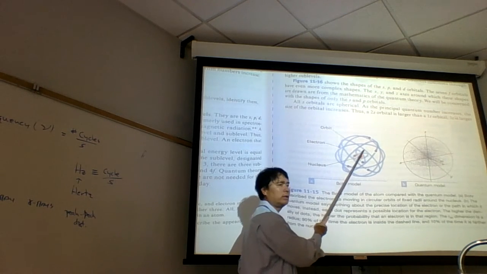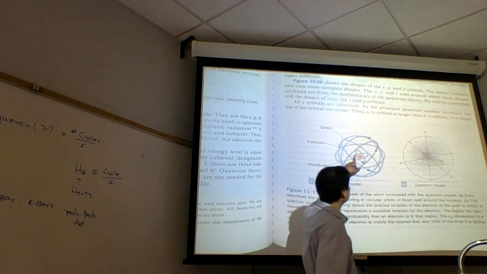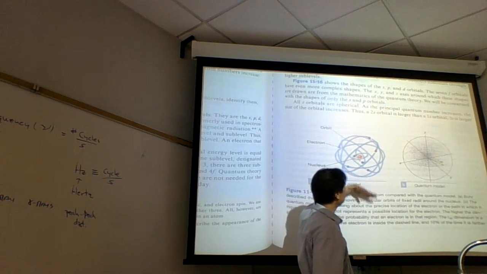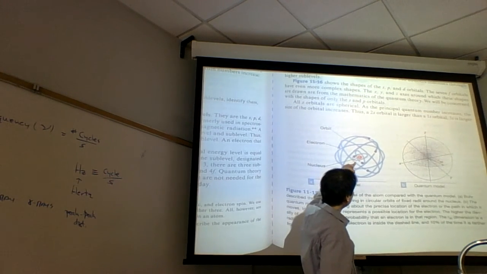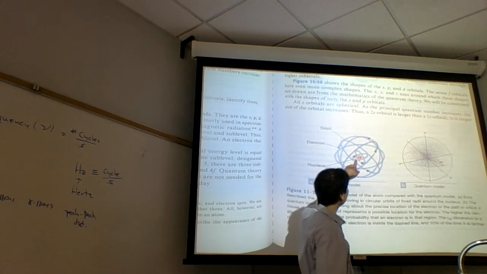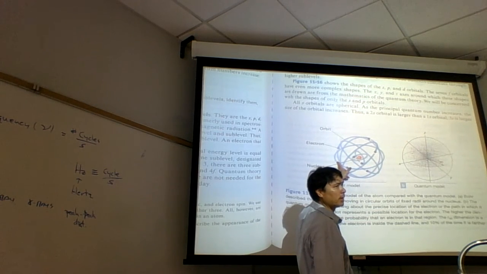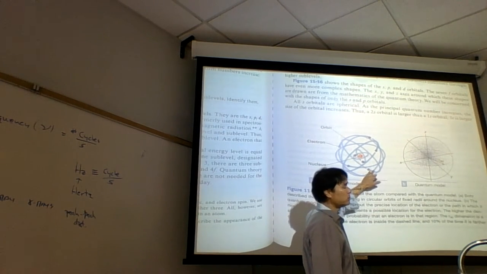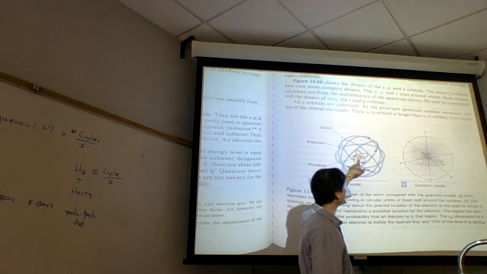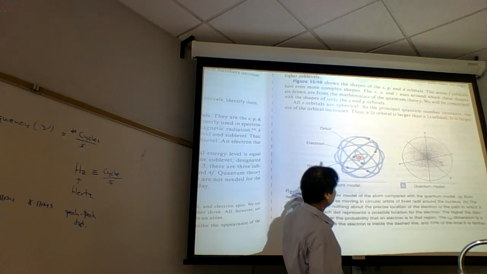Any orbit in between is forbidden. Now, if we take the first orbit, that's the first allowed energy, that would be the lowest energy. The higher the orbit, the higher the energy. These orbits are called n equals 1 for the first, all the way up to n equals infinity. The n is what we call the principal quantum number. So n equals 1 is the lowest energy, all the way up. The higher the n, the higher the energy.